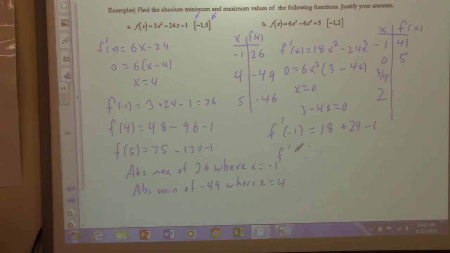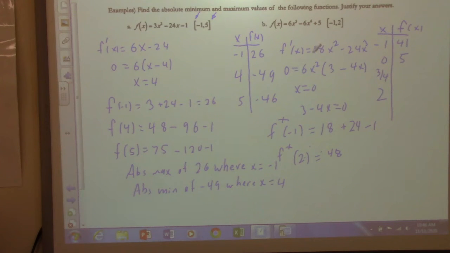So f prime of 2 is going to be 6 times 8, it'll be 48. And then we have negative, that's going to be 2 to the 4th, is that 16? 16, yes.